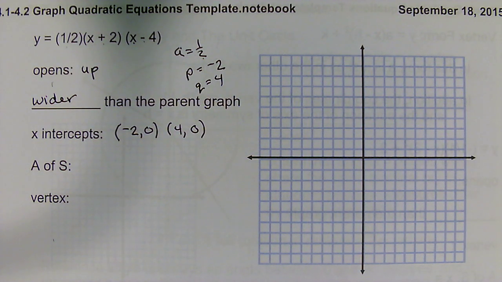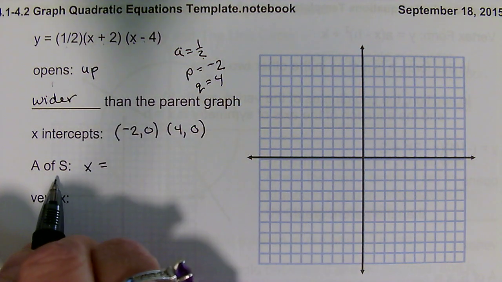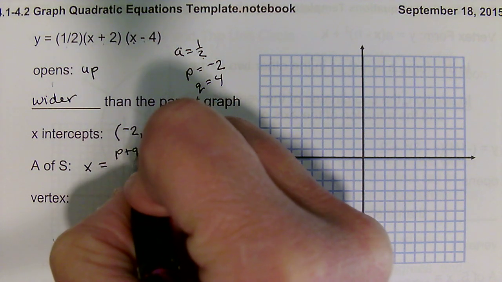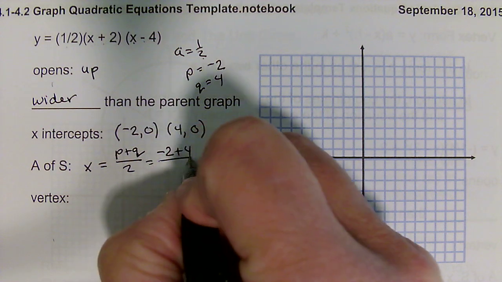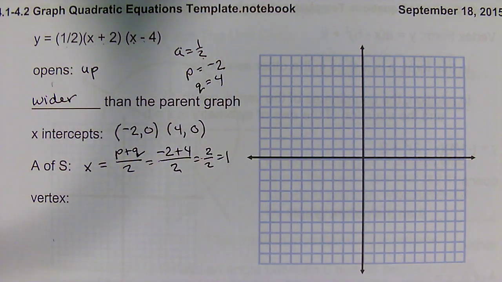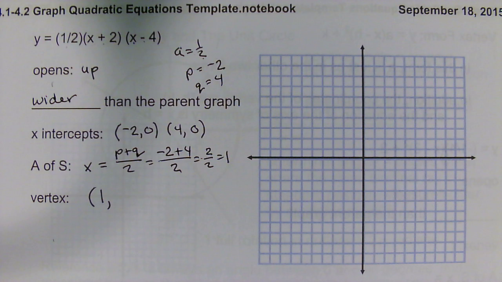Now, unlike the quadratic equation in standard form, to find the axis of symmetry, you take p plus q and divide by 2. So that's -2 plus 4 divided by 2. 2 divided by 2 is 1. So that means the x-coordinate of the vertex is 1.